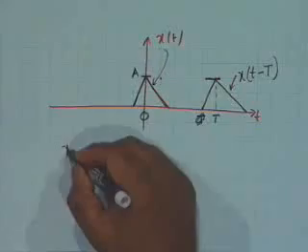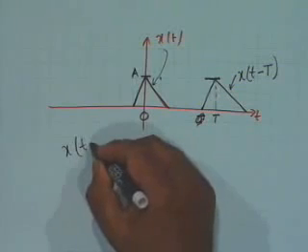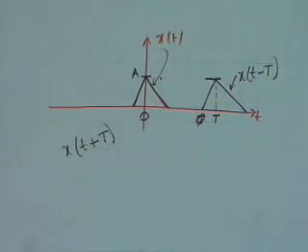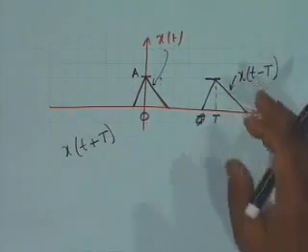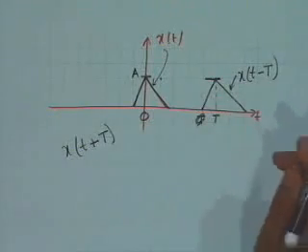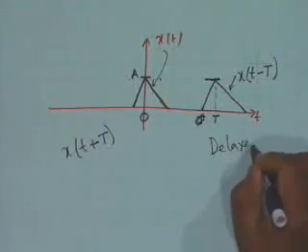If I want a left shifted signal, then I shall have an expression like x of t plus capital T instead of minus capital T. The negative sign indicates a right shift, a positive sign indicates a left shift. Now, the right shift, that is, if the new signal occurs after some time compared to the original signal, then obviously it is a delayed signal.